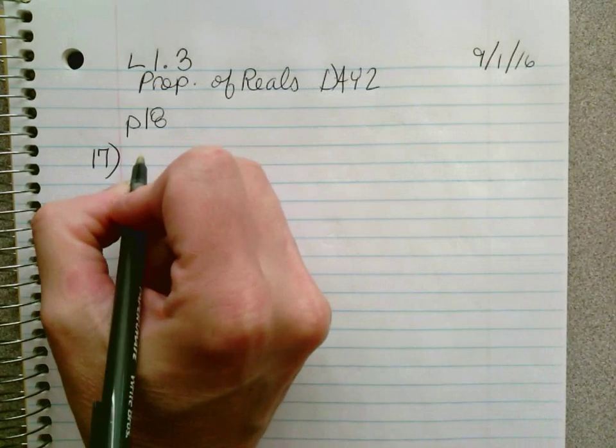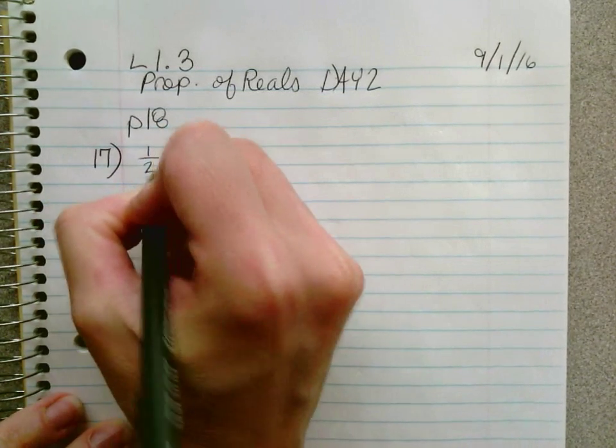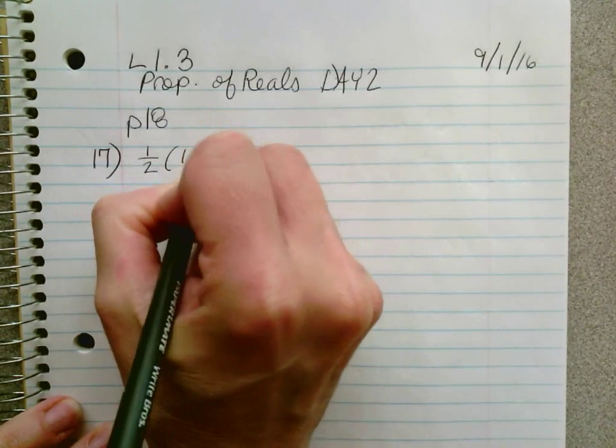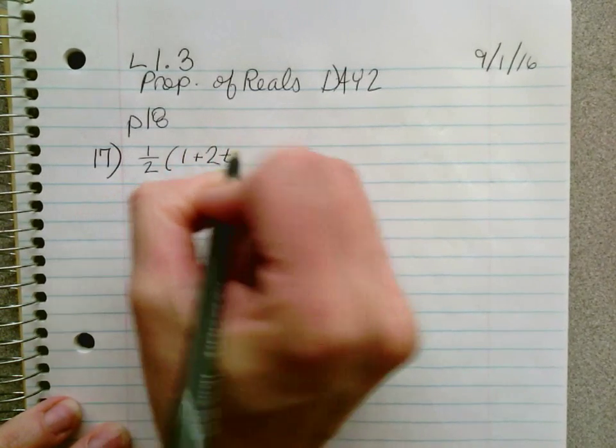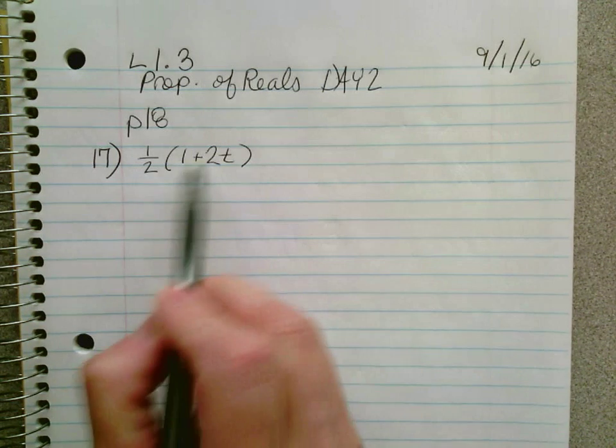So number 17 starts by saying, I have this. And they're trying to get me to the end, which is 1/2 plus t. Now the question is, how do I get from here to there? This problem is set up very similarly to the book's example 4. They start with this.